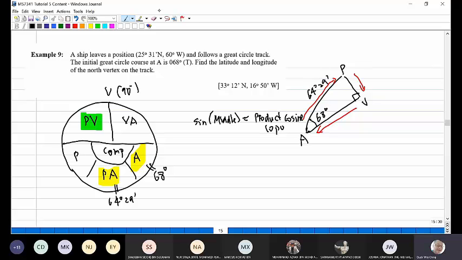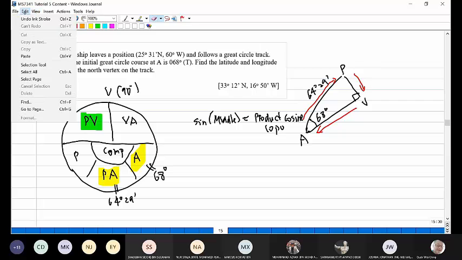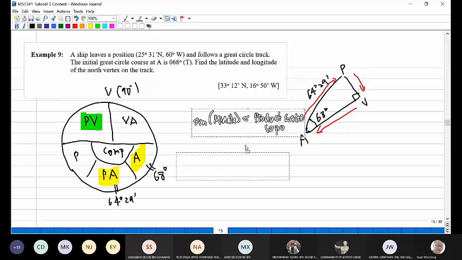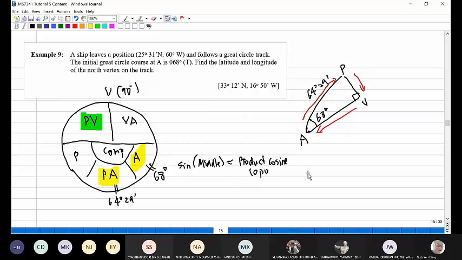So I think I need space here. Let me put it somewhere here. Sum of product of cosine of opposite here.